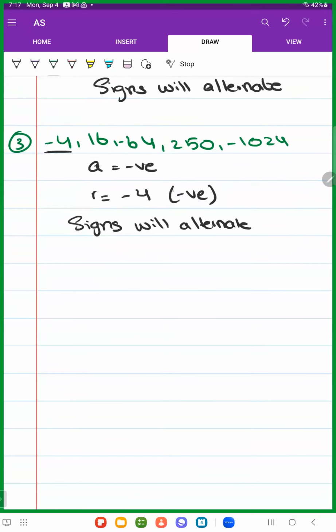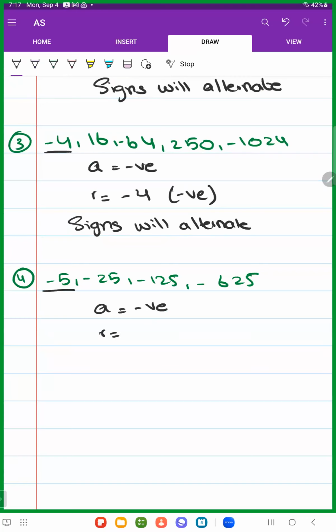Let's look at the last type of series. We have -5, -25, -125, -625. Can you tell me R for this? A I know is negative.